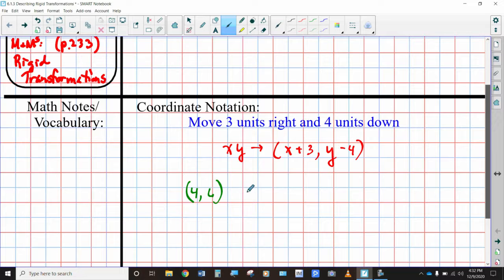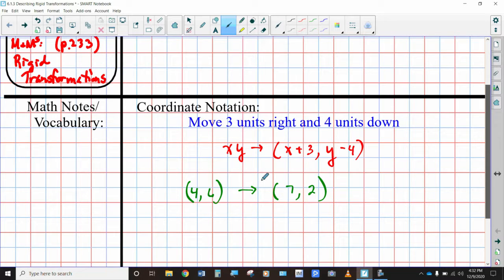After the translation, x plus 3 would be 4 plus 3, which is 7, and y minus 4 would be 6 minus 4, which is equal to 2. So after the translation, it's moved 3 units to the right and 4 units down. This point would then move to this point here.